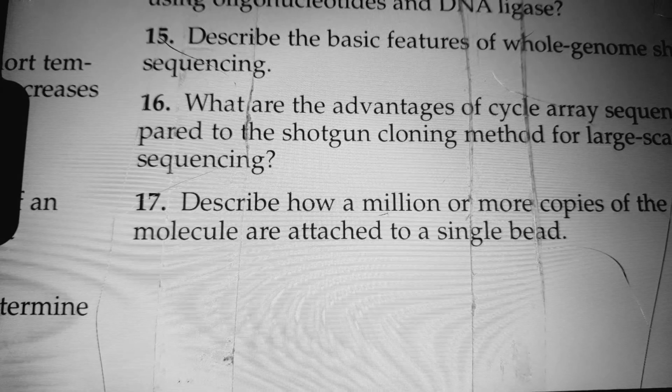Describe the basic features of whole genome shotgun sequencing. And what are the advantages of cycle array sequencing compared to the shotgun cloning method for large-scale sequencing? Describe how 1 million or more copies of a DNA molecule are attached to a single bead.